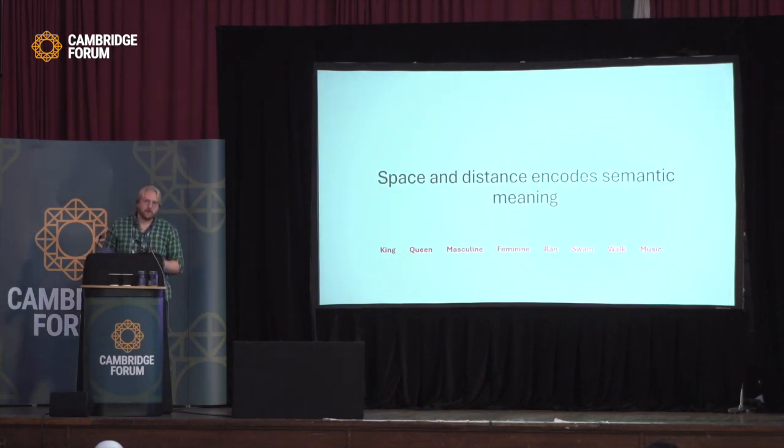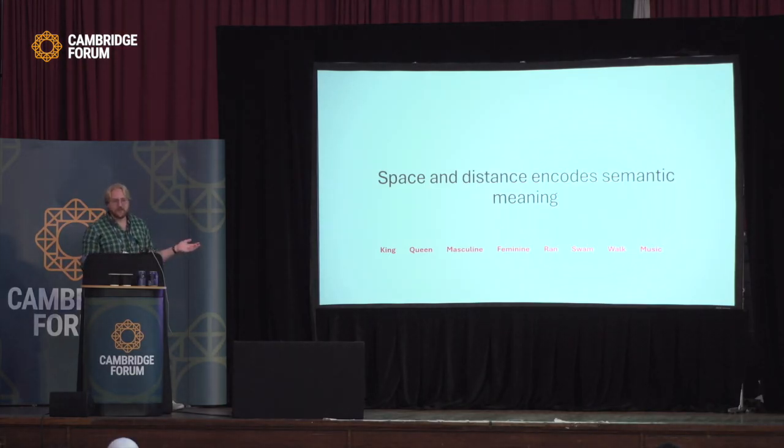And in large language models, the space and the distance between points or between spaces within the large language model encode some kind of semantic meaning. And by semantic meaning, I mean the different kind of nuances that we have on certain words in certain contexts.